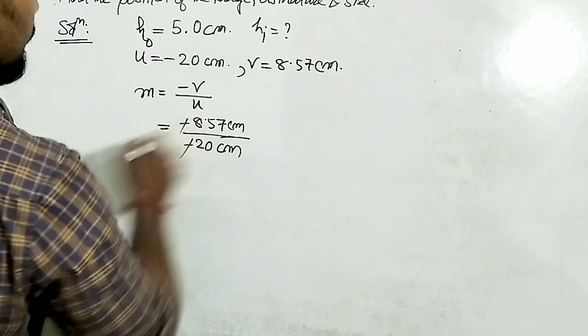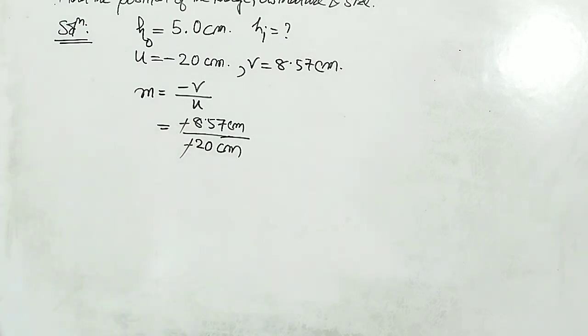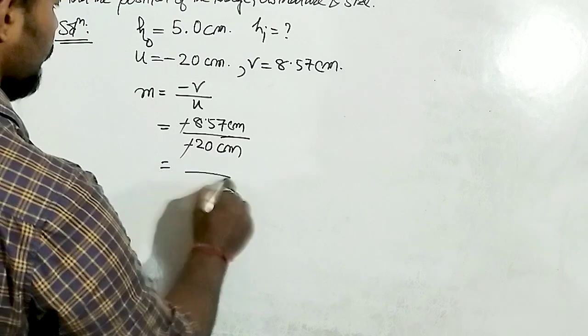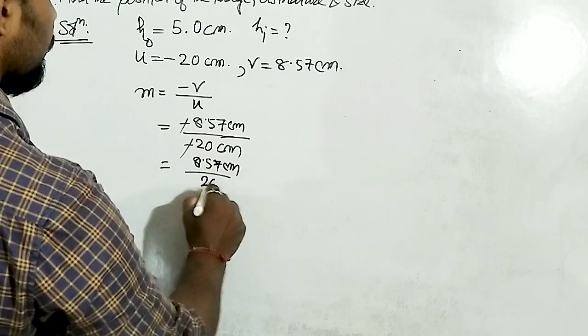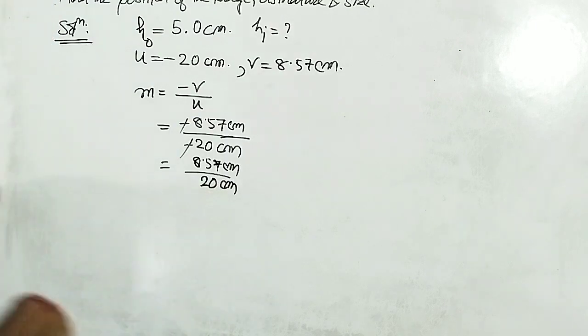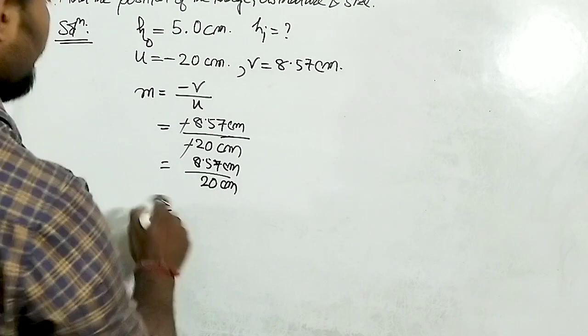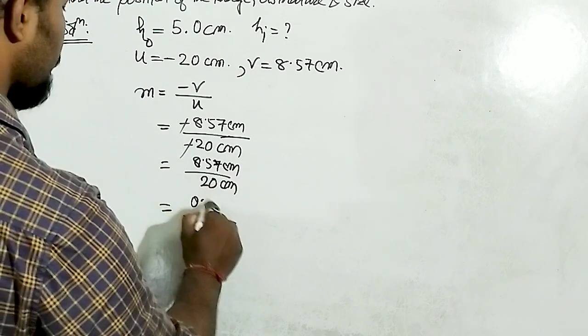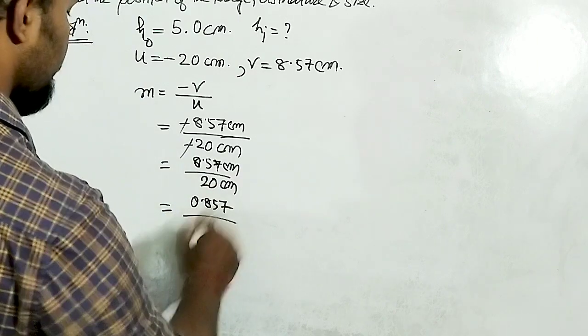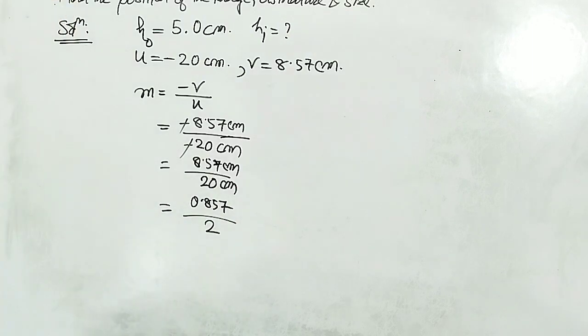So minus will be cancelled out. So it will be 8.57 centimeter by 20 centimeter. If I do a little bit, it will be almost 0.857 by 2.